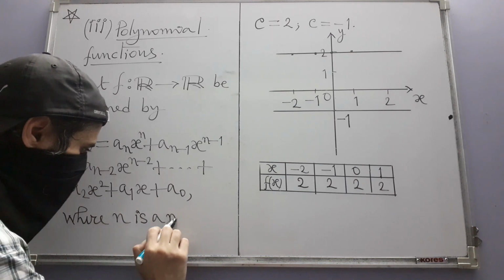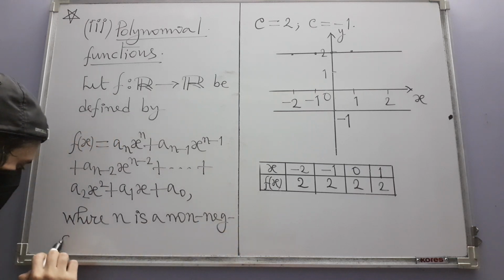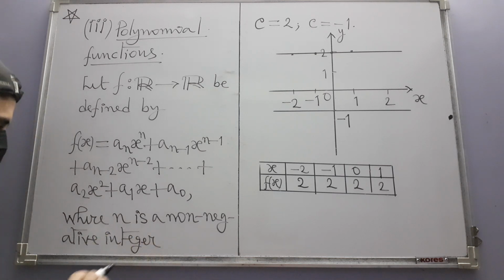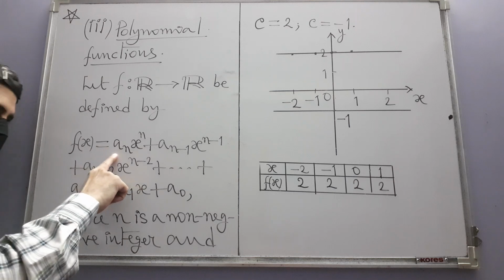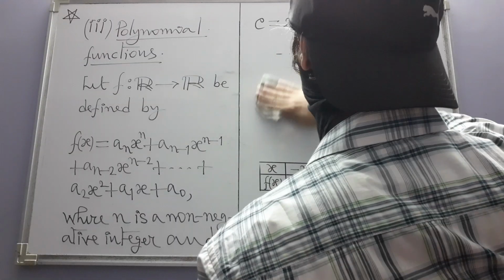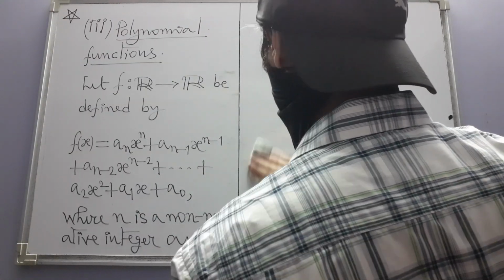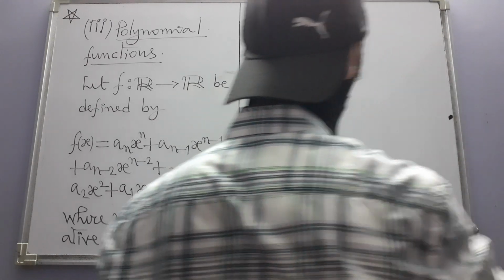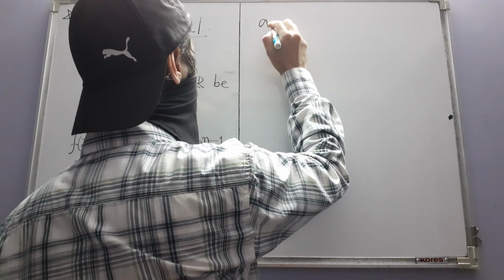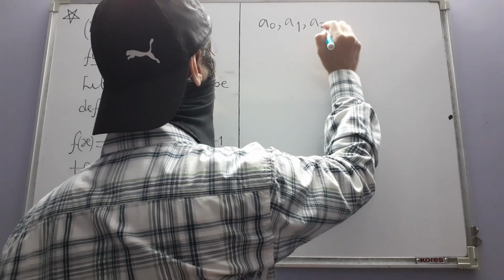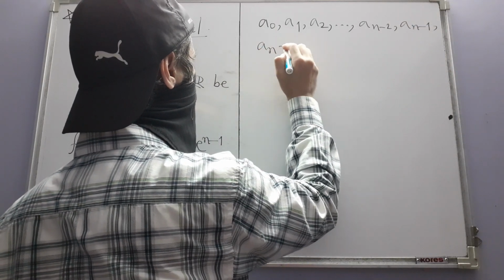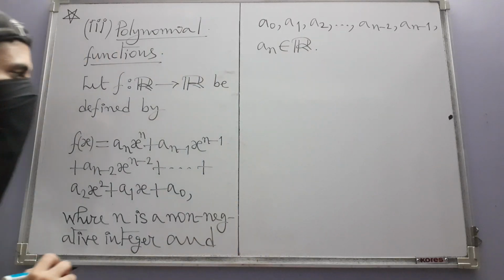n is a non-negative integer and these coefficients are all real numbers. a0, a1, a2, up to an minus 2, an minus 1, an, these are real numbers.